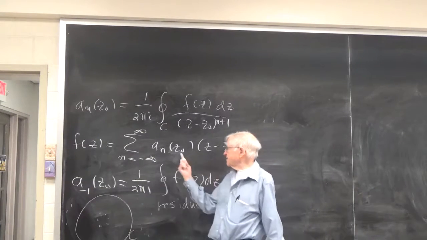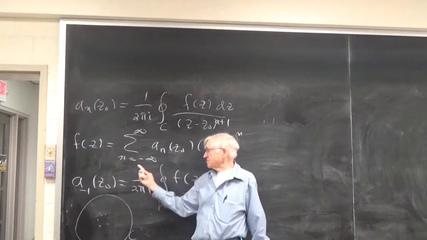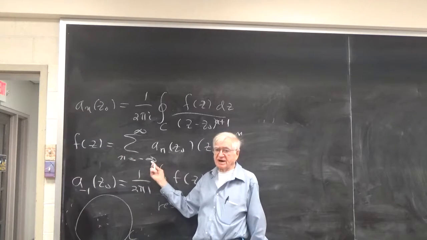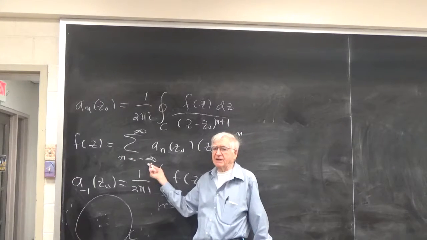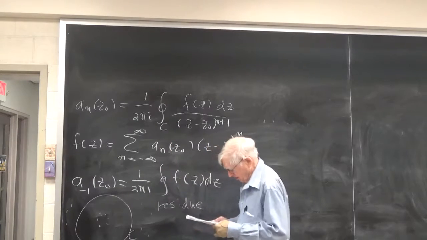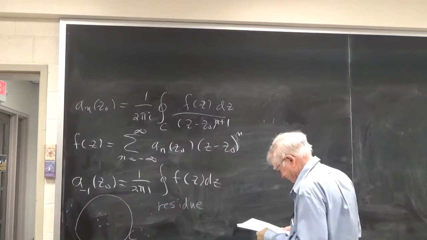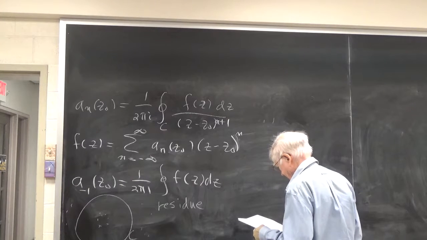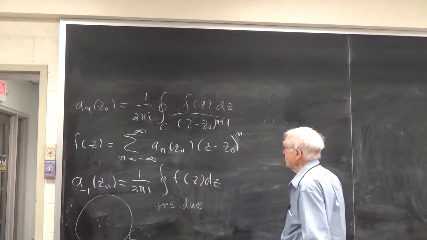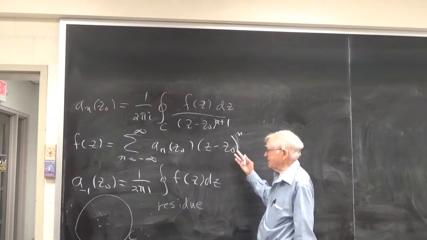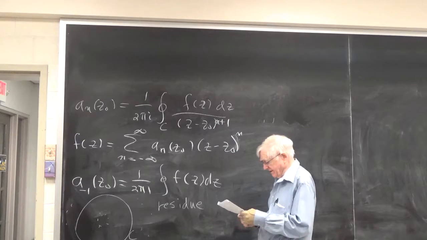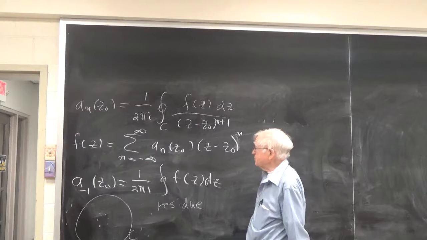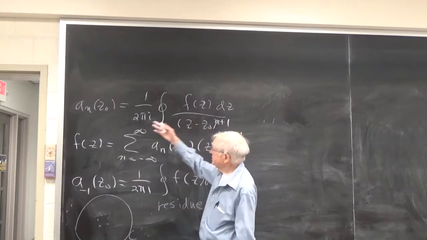Anyway, as I said, it's often true for nice functions that you don't start at minus infinity. You start at some minus L and then go on to positive values. When you can just start at minus L, then there are two ways of computing these a sub n's.